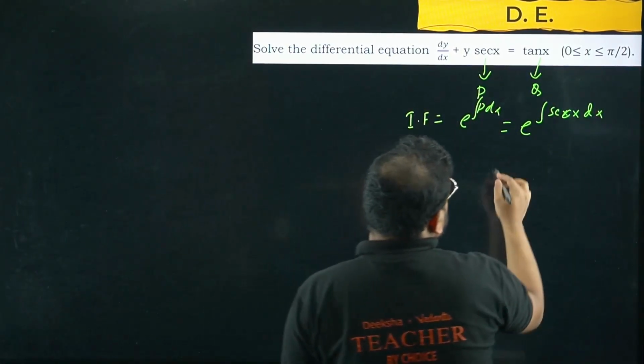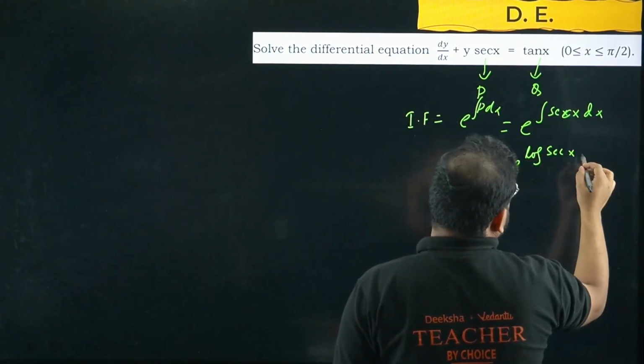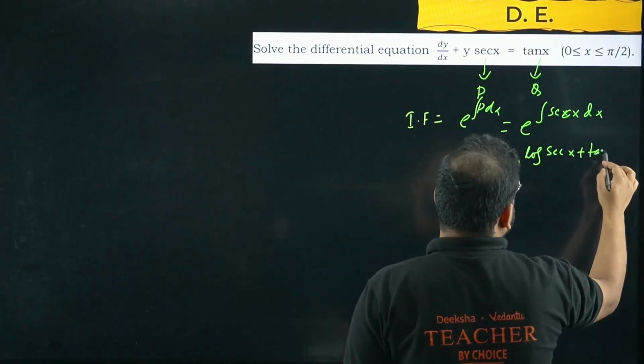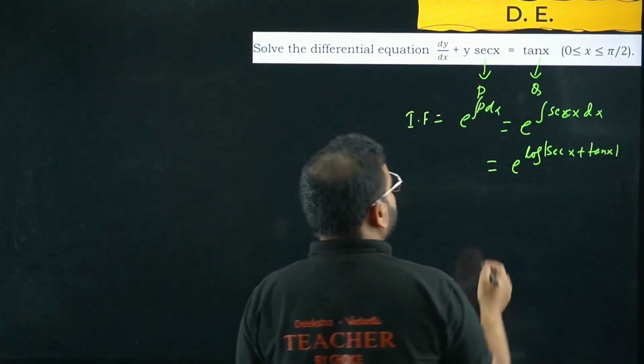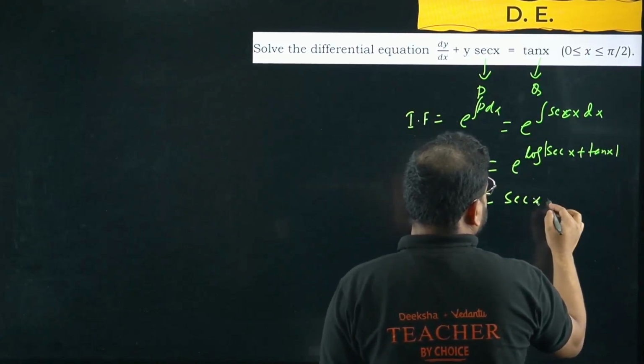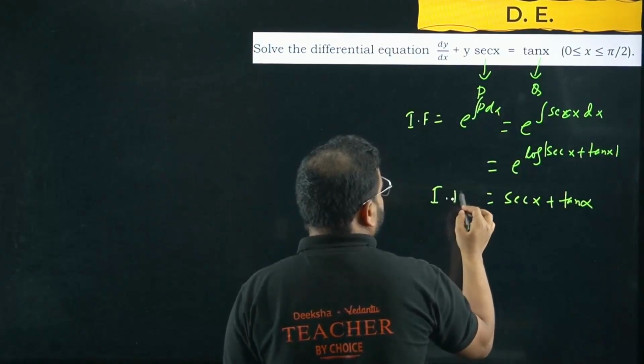So I get e power log of sec x plus tan x. The e and log cancel, and I'm getting simply sec x plus tan x as my integrating factor.